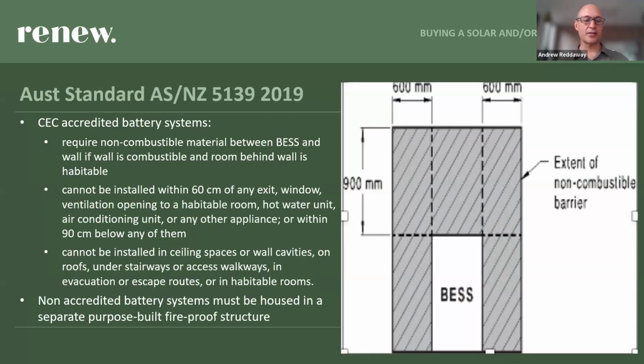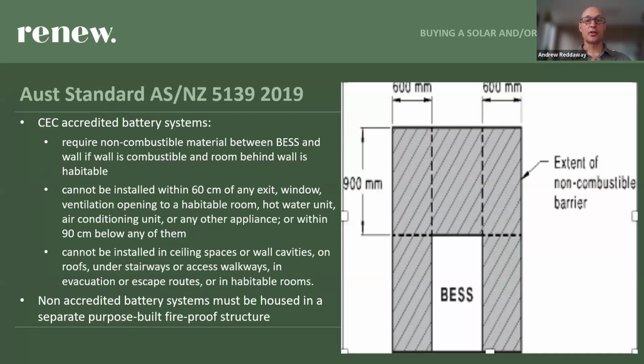Oh, and the reason for this is the batteries we're talking about are basically all lithium ion LFP chemistries. And the standard doesn't really differentiate much between the different chemistries of the batteries in the whole lithium family.